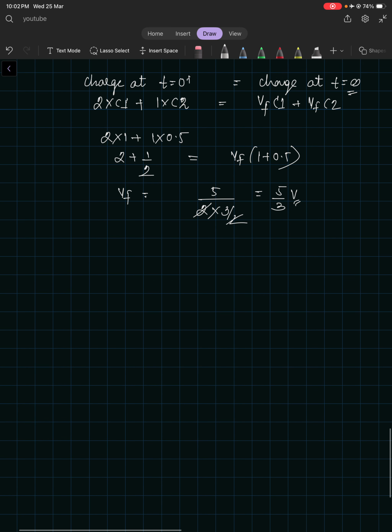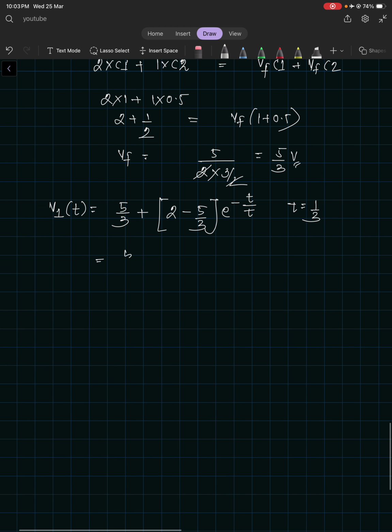Okay, so let's write the equation for V1, right? What is V1(t)? What is the steady state value? 5 by 3 plus the initial value was 2 volts, right? Minus 5 by 3, e power minus t by tau, right? So we will write, and tau was 1 by 3.